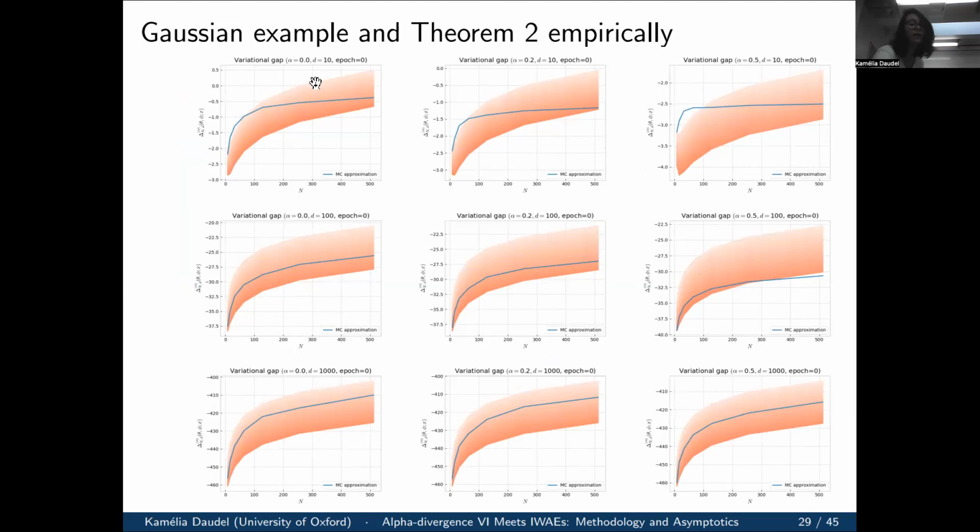I still have alpha equals 0, alpha equals 0.2, and alpha equals 0.5, and I'm going to look at dimension 10, 100, and 1000. So what do you think this time? With your good glasses, do you think Theorem 2 is a good approximation in high dimensions? Yeah, okay. So this means that what we've predicted in fact reflects the reality in high dimensions.